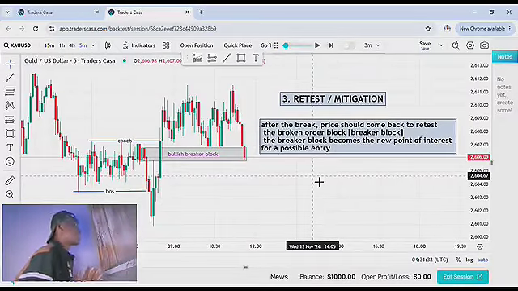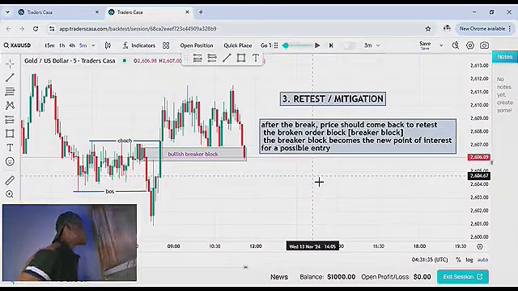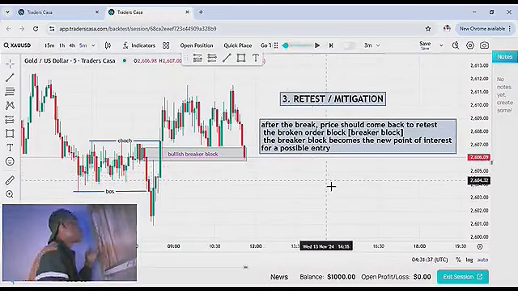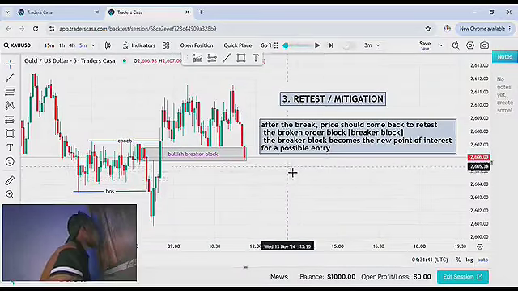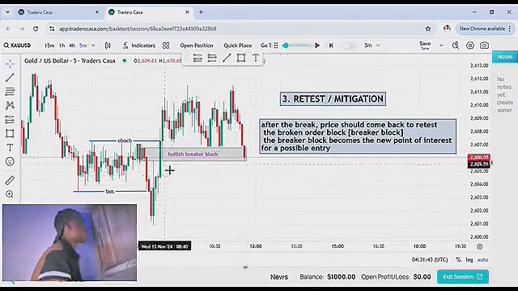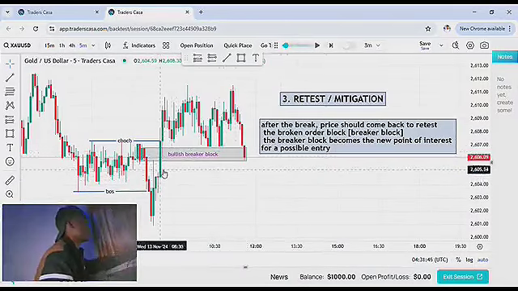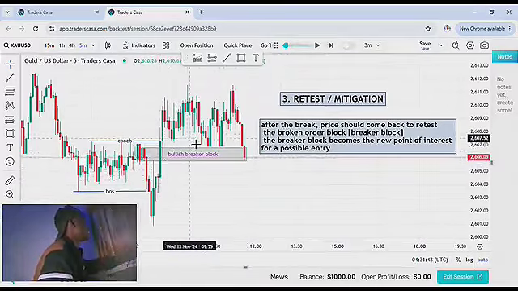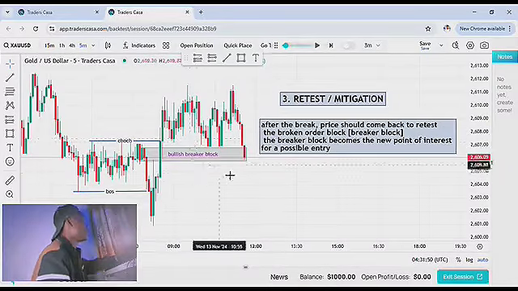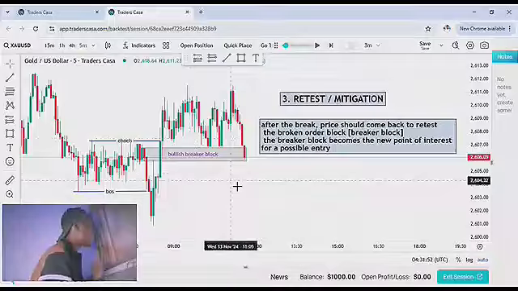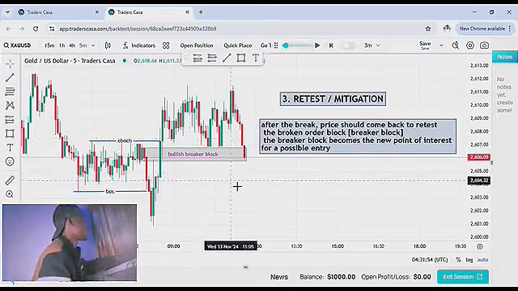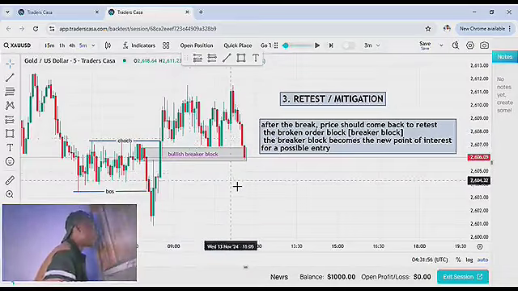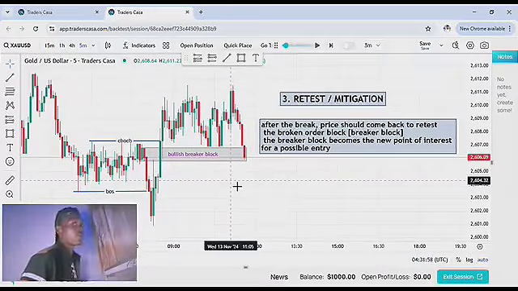So retest or mitigation. So if price successfully break structure after it broke the order block, broke the structure, it should come back to retest this breaker block, because it is now a possible entry point.